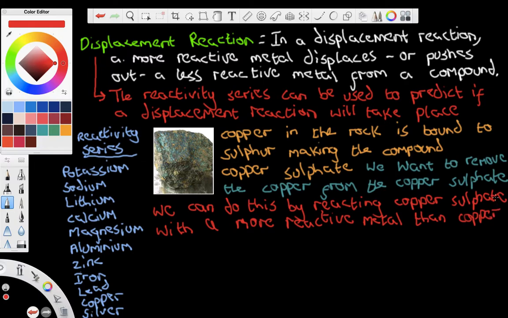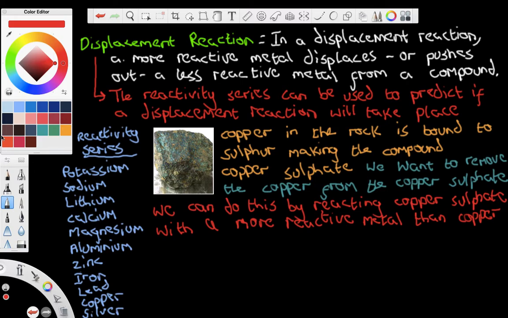So if we have a look at our reactivity series, copper is down here. The only two elements that are less reactive than copper are gold and silver. Lead, iron, zinc, aluminium, magnesium, calcium, lithium, sodium and potassium are all more reactive than copper. Therefore, all of these metals will displace copper from the compound.